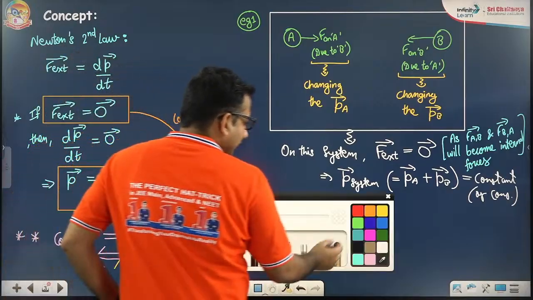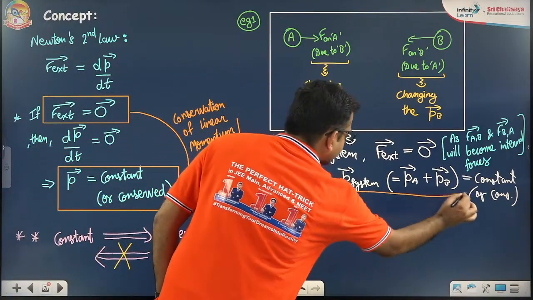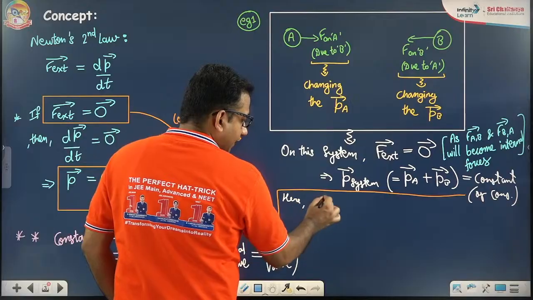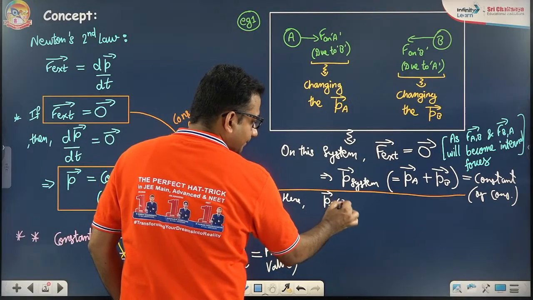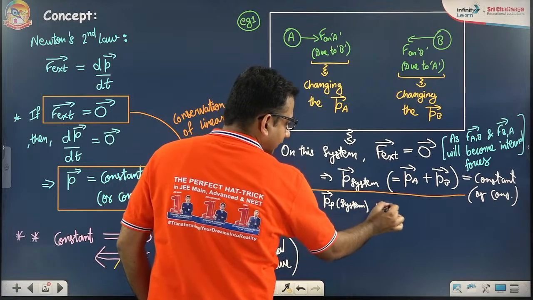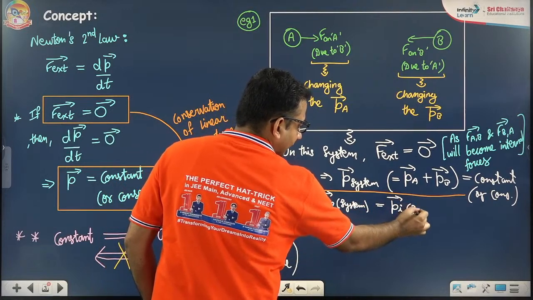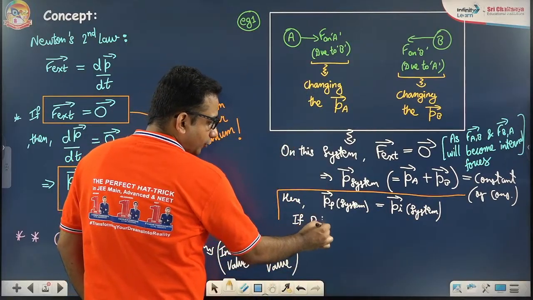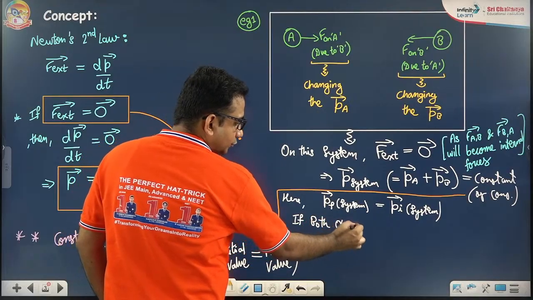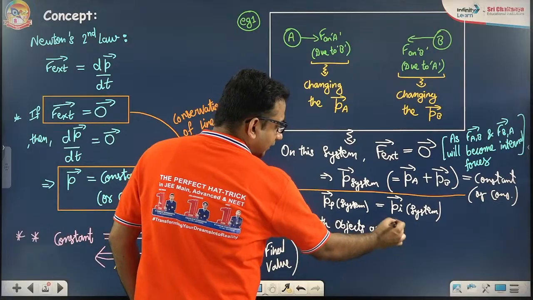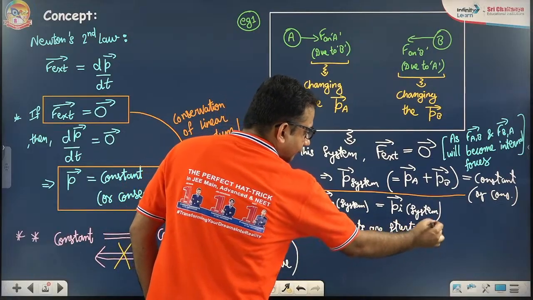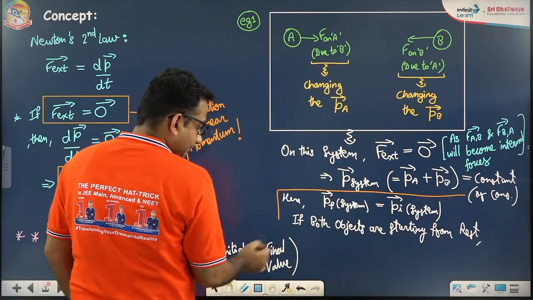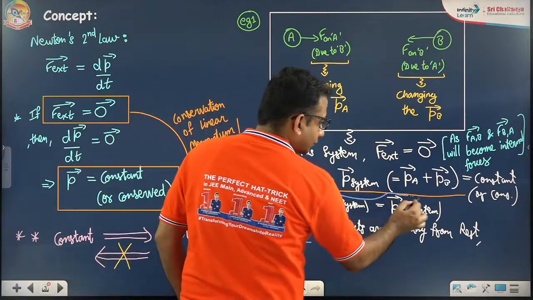All right, not only that, if I take you further from here, can I say here final momentum of the system must be equal to initial momentum of the system if both objects are starting from rest. In that case, what we can write, I'll do it for you here.